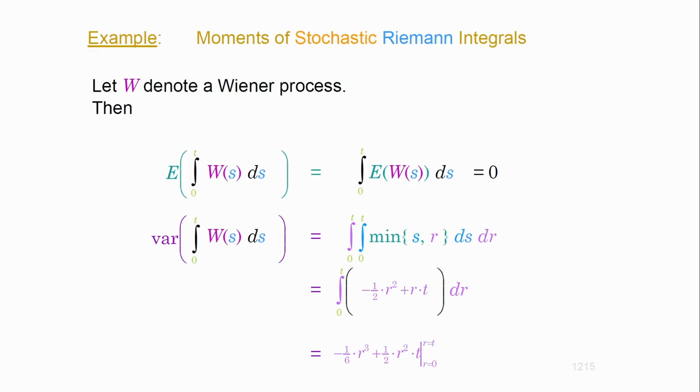Now, if you integrate a polynomial from 0, that's going to be 0. There is no constant involved, so you just need to insert t for r, and then you'll have the final expression. Now, that's not a big deal because you get negative 1/6 times t cubed plus 1/2 times t squared times t, which is also t cubed.